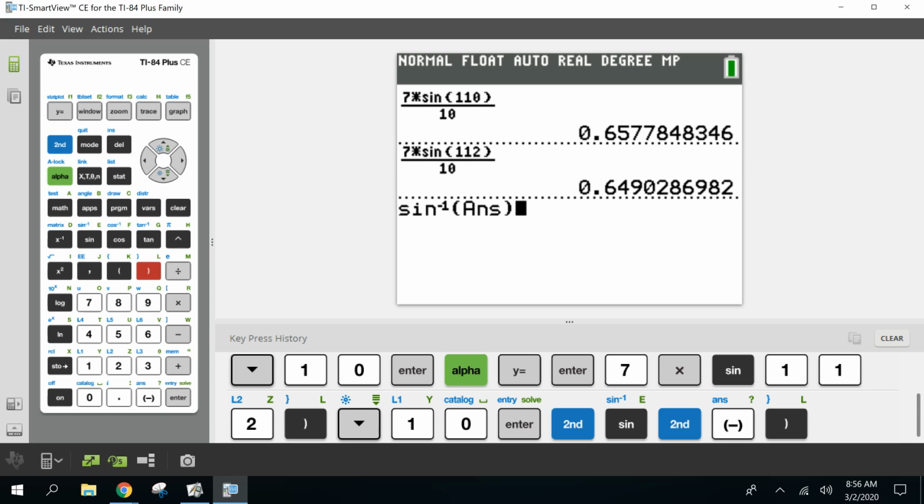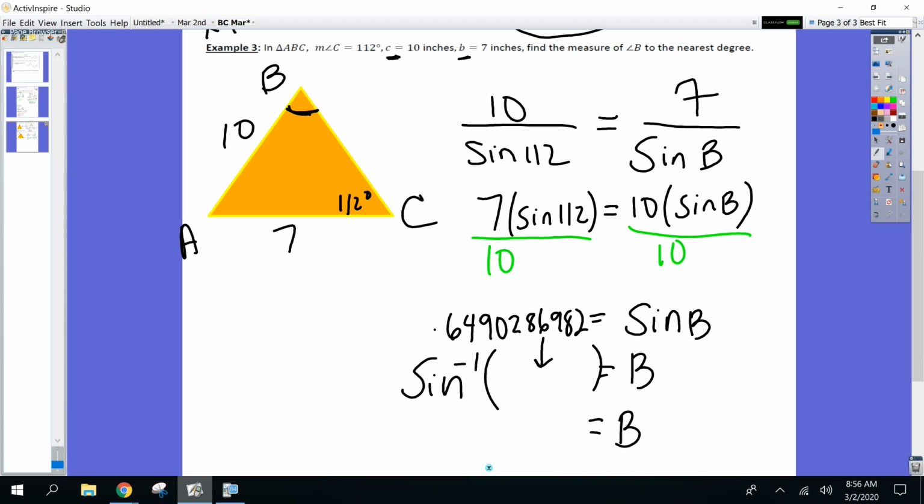All right, second negative. We'll put that answer right in there. And then that angle B to the nearest degree is 40 degrees. All right. All good? That's all I got for you.